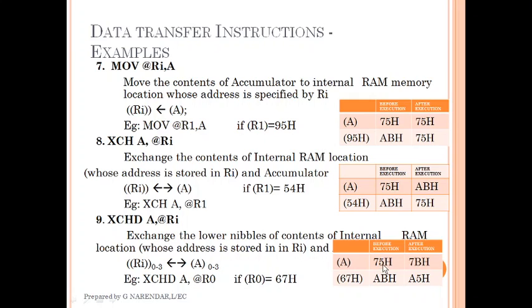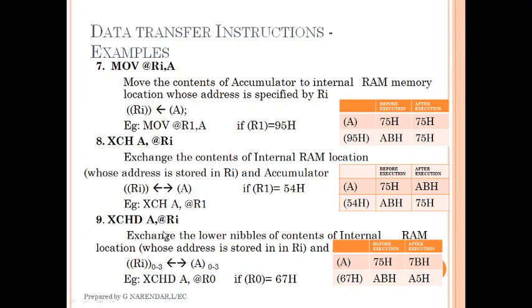Each hexadecimal digit represents 4 bits of binary. So 5 represents the lower 4 bits and 7 represents the higher 4 bits of the binary number. So 5 is the lower nibble and 7 is the upper nibble of the binary data.